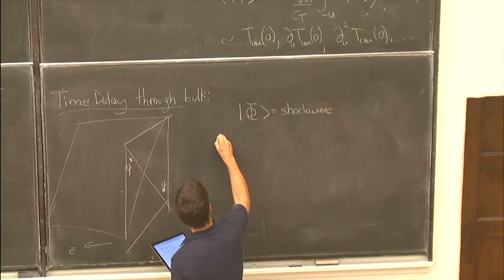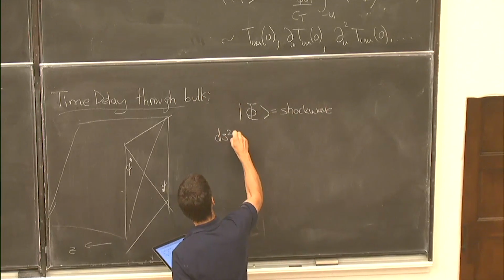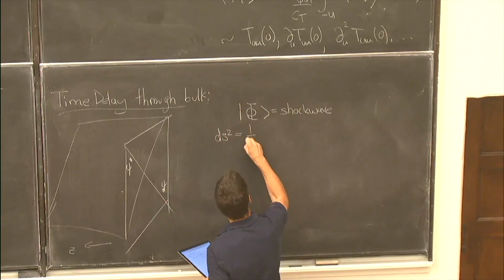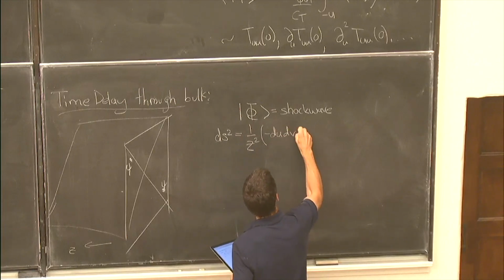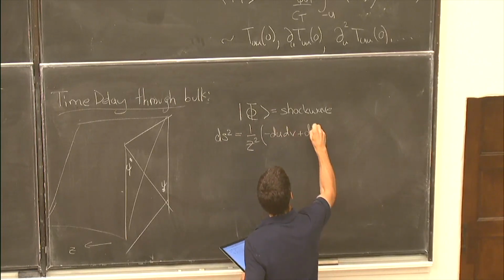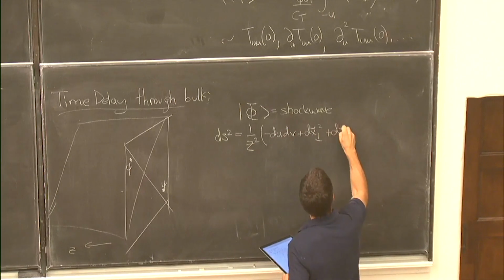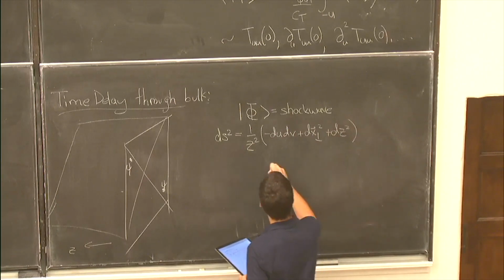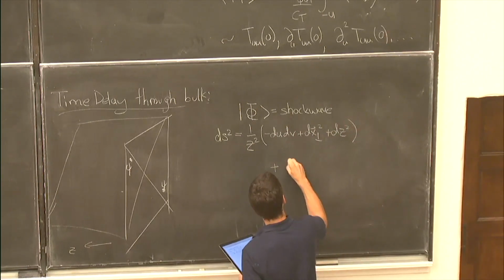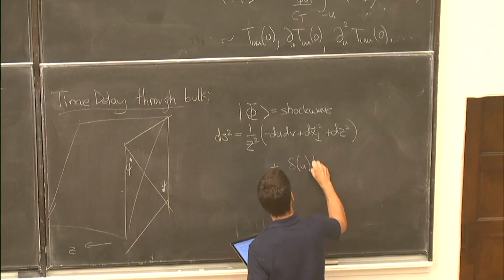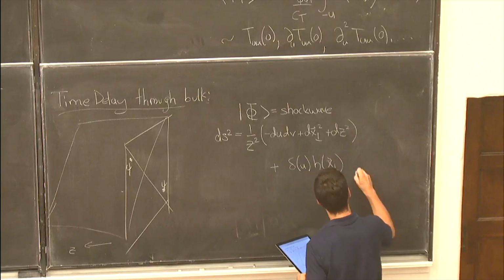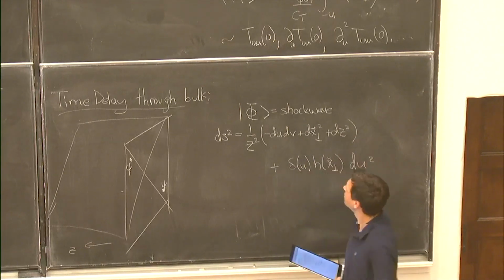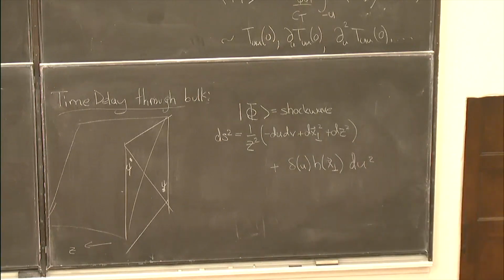So in terms of the bulk metric, a shock wave just means that the metric is 1 over z squared times minus du dv plus dx perp squared plus dz squared plus delta of u h of x perp du squared.